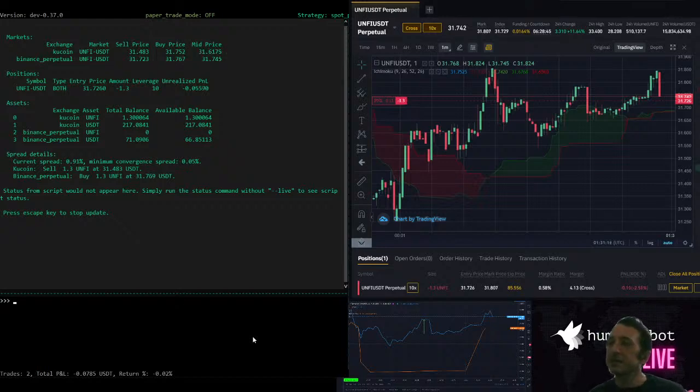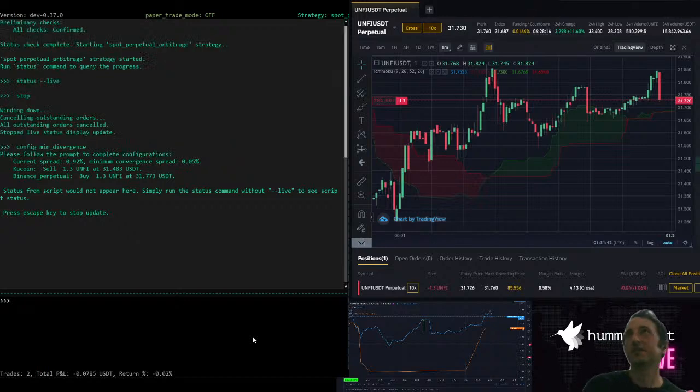So yeah, the interesting part here also is that it might take some time to close the position. So maybe you won't see the position be closed on this live. It might take some time for the price to converge again. But eventually both trades will be closed and your profit is going to be the starting difference.